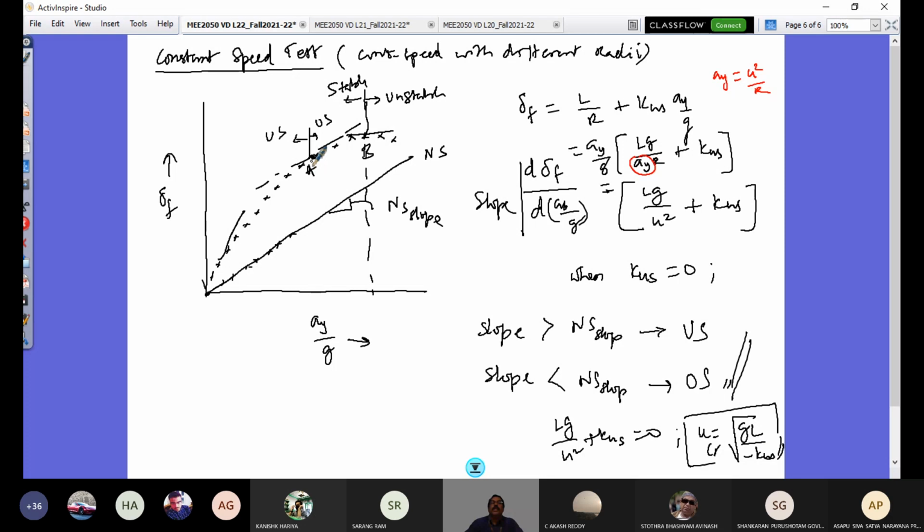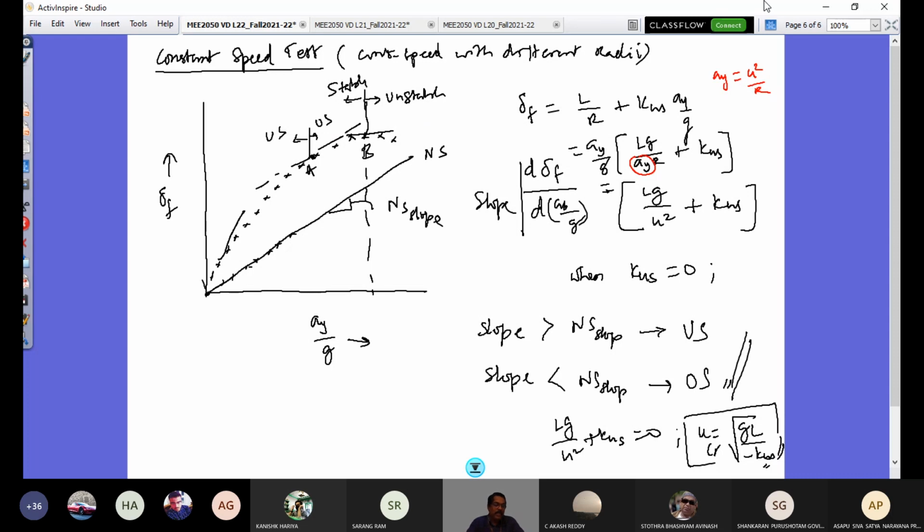So this A to B is stable and controllable, but the behavior of the vehicle is oversteer behavior. By reducing the steering angle as your radius is changing, you would be able to have control. But beyond B, it is an uncontrollable, unstable state. And the speed corresponding to that is what is called the critical speed, and you can find it this way.